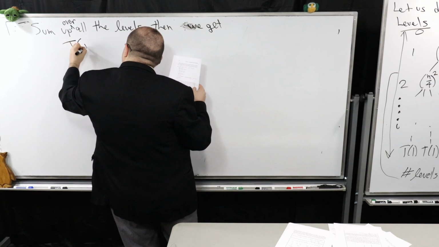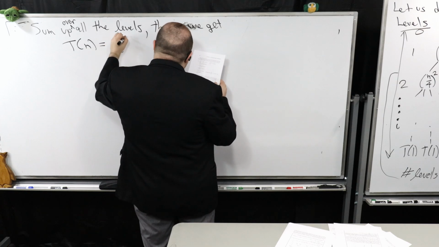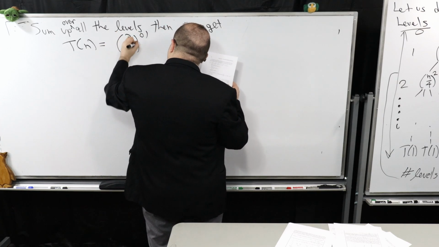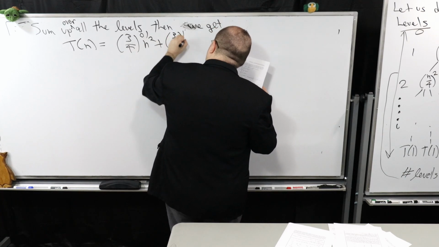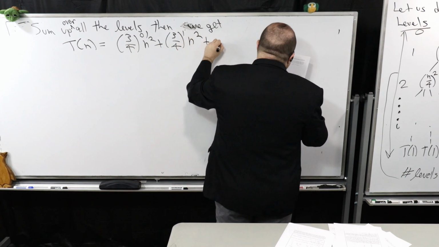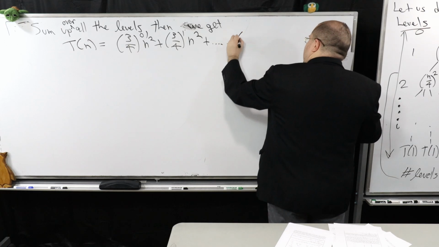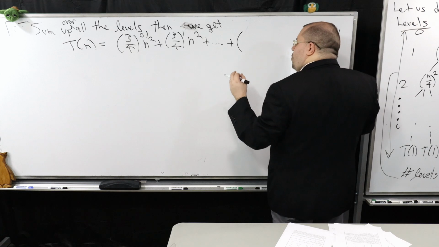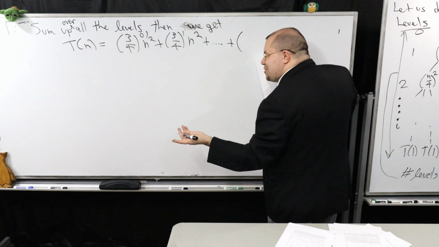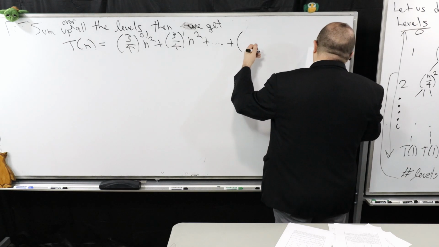T of n is going to be equal to 3/4 to the power of 0 times n squared, plus 3/4 to the power of 1 times n squared, plus, all the way until the number of levels minus 1. Actually, I'm going to go minus 2, because I account for the number of leaves separately.